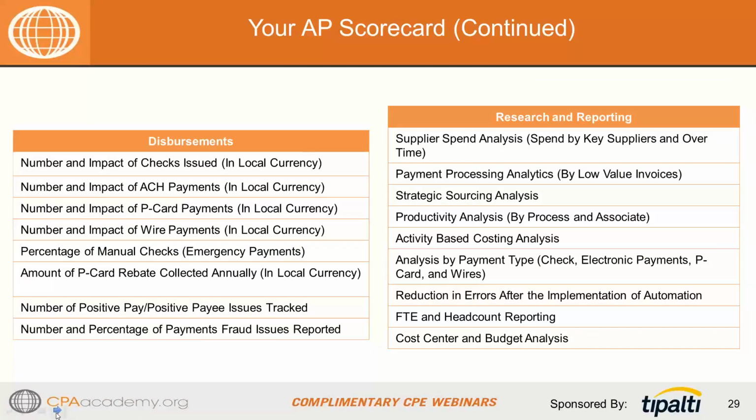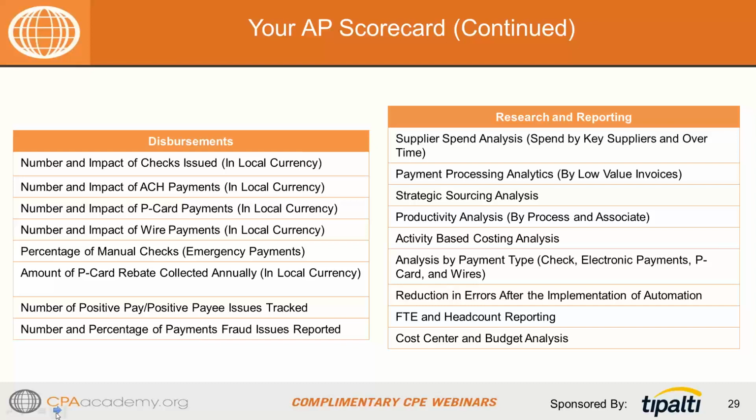Next, if we take a look at disbursements, and again, this would be one that should be diminishing if we do comparison from month to month, and that's the number and impact of checks issued in local currency, ACH payments, P-card payments, wire transfers, percentage of manual checks, which really should be considered emergency payments as you're moving to an automated environment that we're talking about.